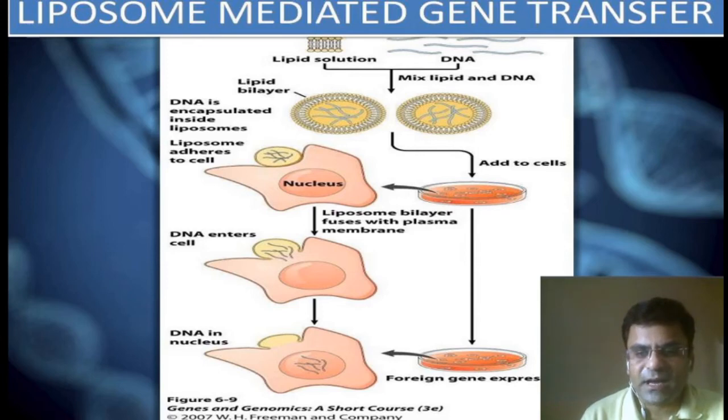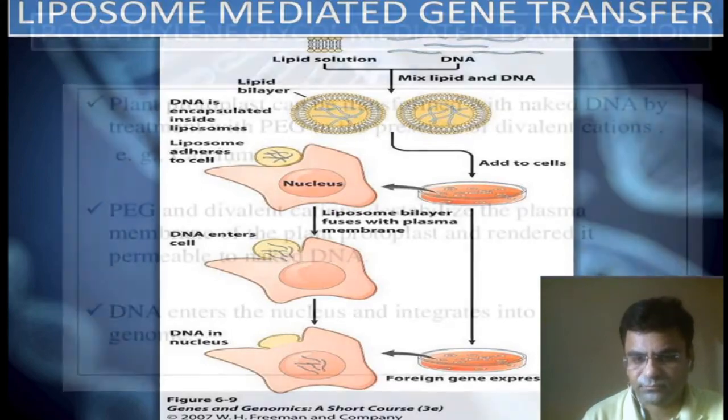Cationic lipids, those having a positive charge, are used for the transfer of nucleic acid. This method has some advantages: it is a simple method, it has long term stability, it has low toxicity, and it protects the nucleic acid from degradation.